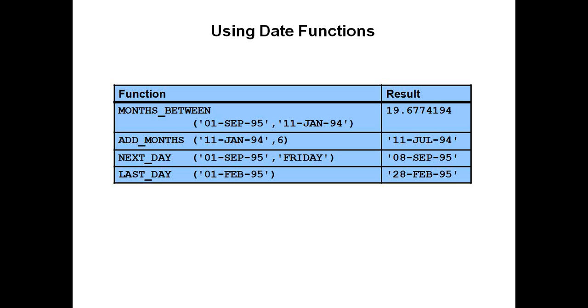Then we have last day. When you give some date and you want to find the last day, it gives you the date of the end of the month. So for 1st February, the last day will be 28th February, or if it is a leap year, 29th February.